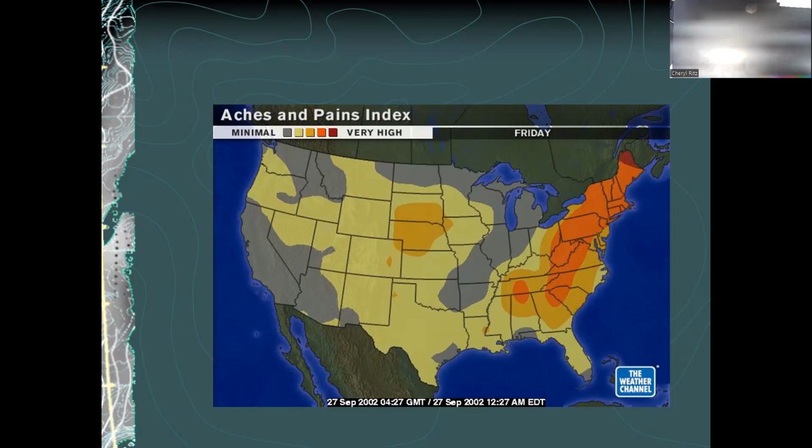My favorite is over in California. They don't have any. What's going on in California? I don't know. But it's clearly a section of this map. As you can see, this map's really old.